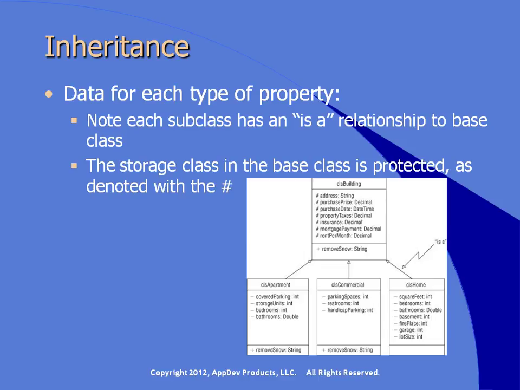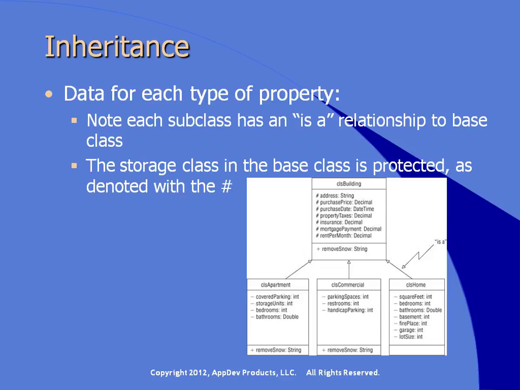Now you'll notice in the diagram an arrow drawn from the subclasses to the base class. What that means is that each one of those classes that you see at the bottom with the arrow pointing to the base class is a child of the base class. So it inherits all of the properties that the base class has.